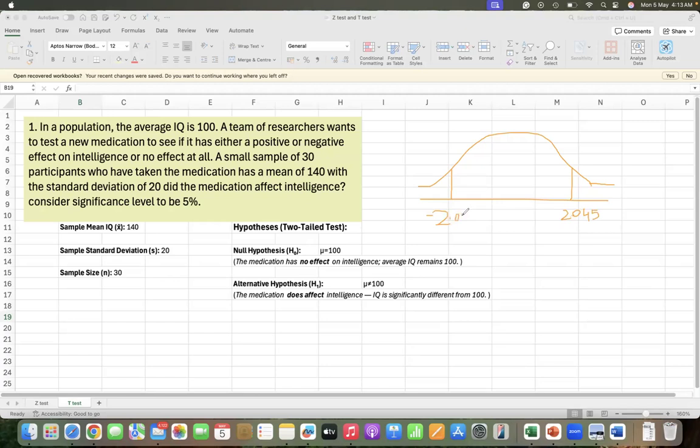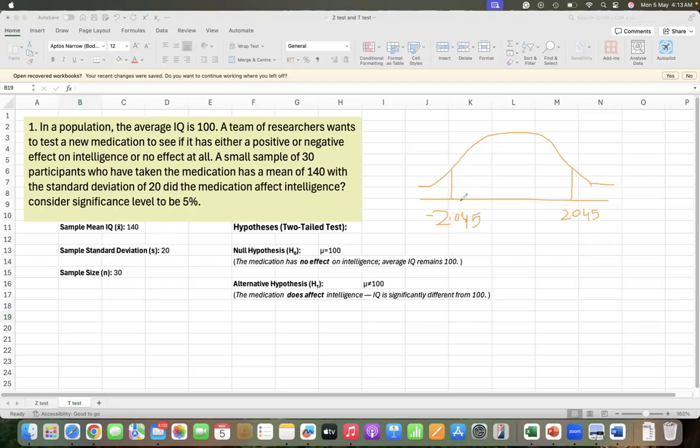So we compare this value, the critical value, with the calculated one. If it falls in the accepted region, we say the null hypothesis is accepted, or we generally say we fail to reject the null hypothesis. If it falls in the rejection region, we reject the null hypothesis.